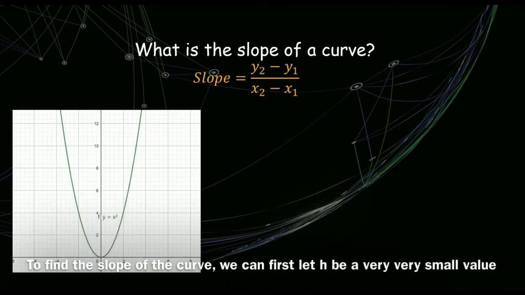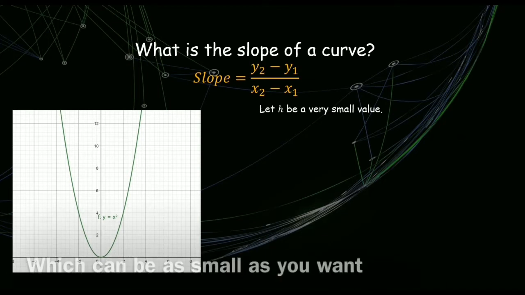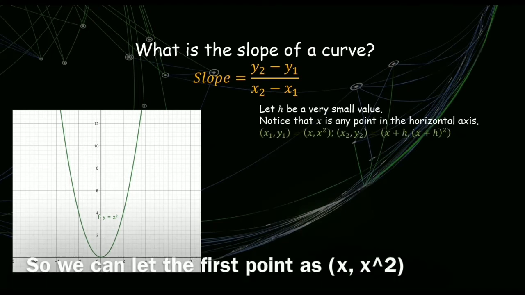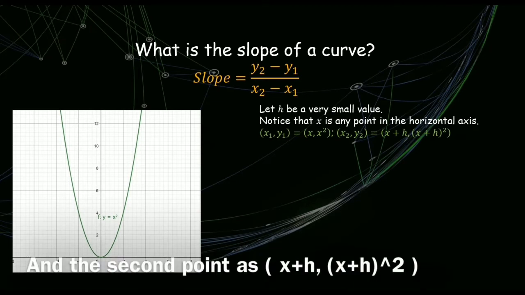To find the slope of the curve, we can first let h be a very small value, which can be as small as you want. As we have y equals x squared, we can let the first point be x squared, and the second point be x plus h squared.